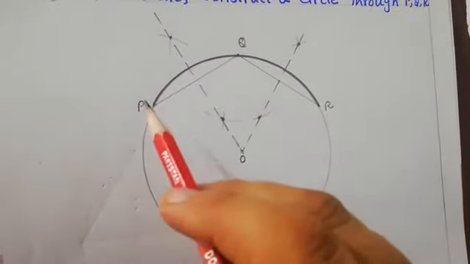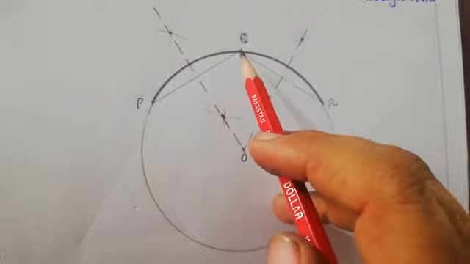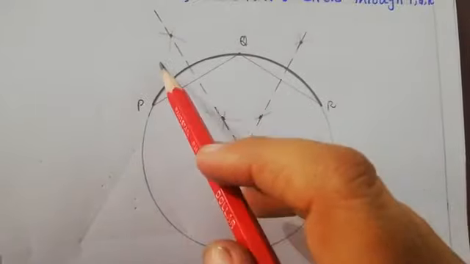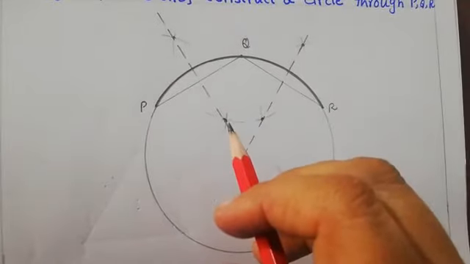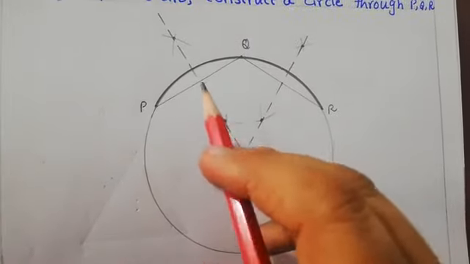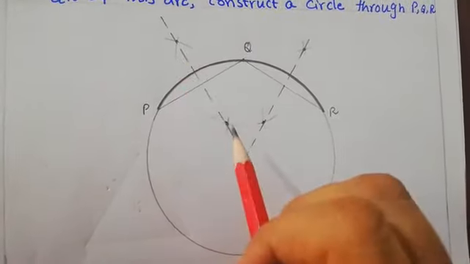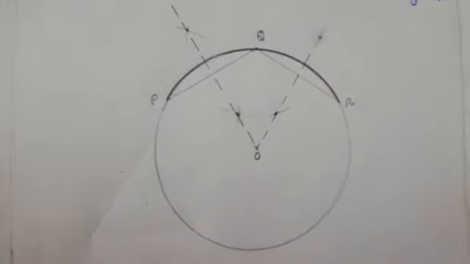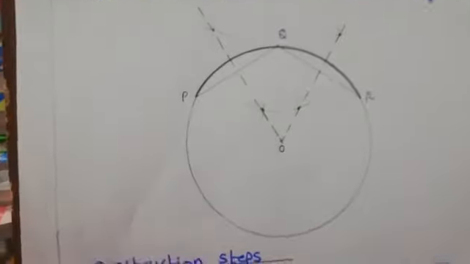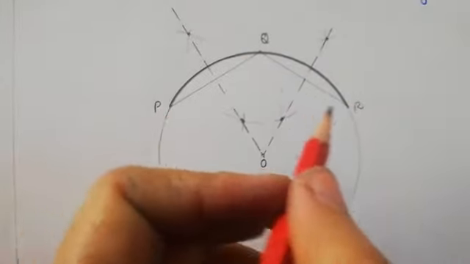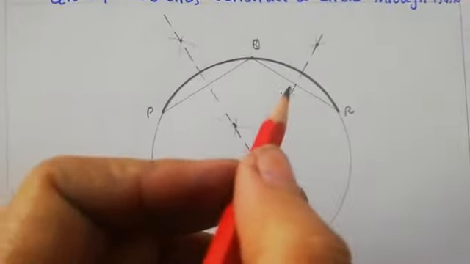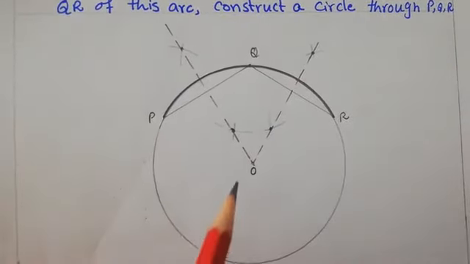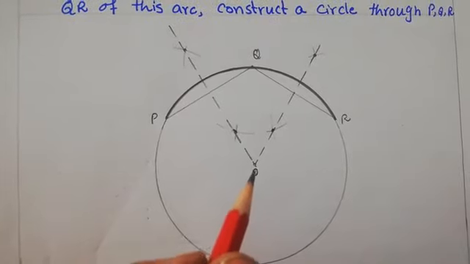Then put the same compass length at point Q and draw arcs which intersect the previous arcs at different points. Then join the intersecting points, and this is the perpendicular bisector of PQ. Like this, you will draw the perpendicular bisector of QR by the same method, and then both perpendicular bisectors meet each other at point O.